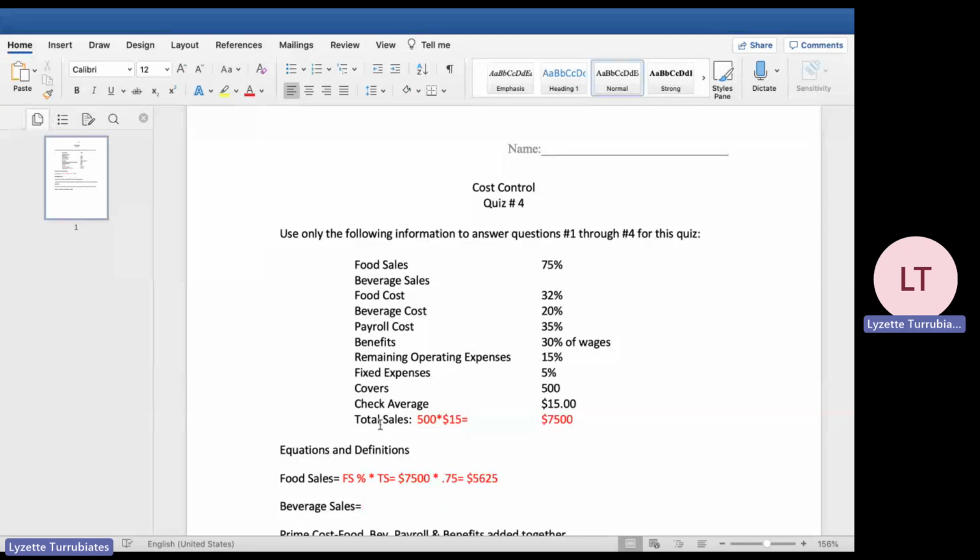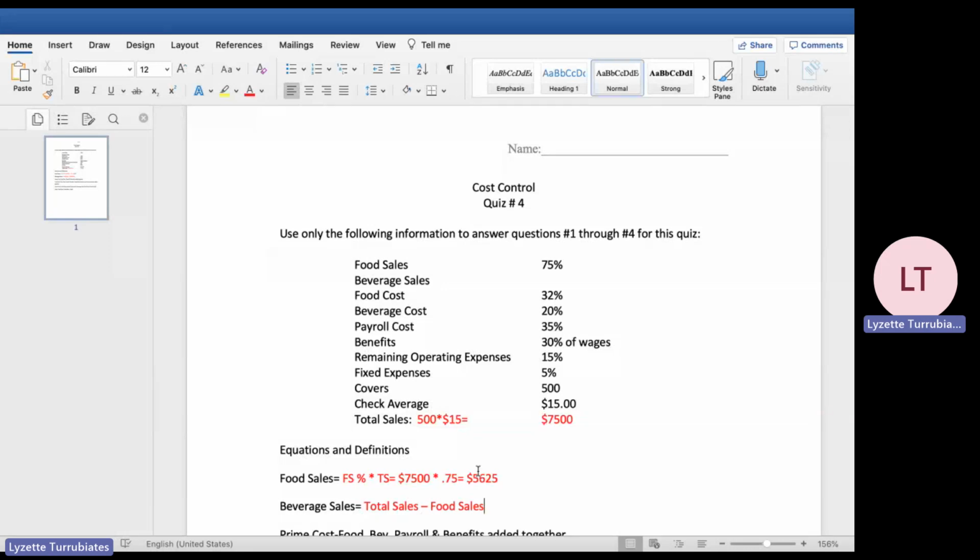So here, because we're not given the beverage sales percentage, we're going to take our total sales and subtract our food sales. If you think about it, all of our sales coming in are just food and beverage, unless we're doing catering, which would be another category.